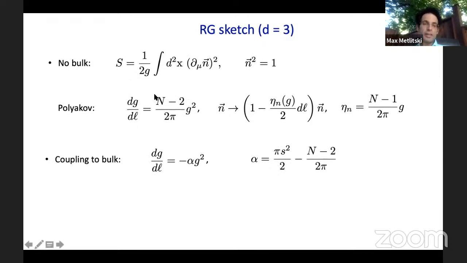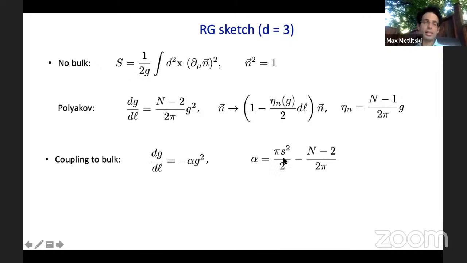The only thing that happens is that the coefficient of the G squared term in this beta function is modified. So it's the same kind of flow, but instead of the coefficient n minus 2, we now have a coefficient alpha that has two contributions. One contribution is this pure surface contribution that Polyakov has taught us about, and the second contribution is a contribution from the bulk.